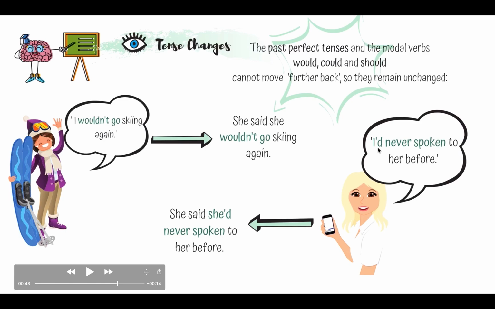I had never spoken to her before. We're using the past perfect simple. And this then becomes the same thing. We use the same idea of changing the sentence, but what we can't change is the past perfect tense. So she said she had never spoken to her before.